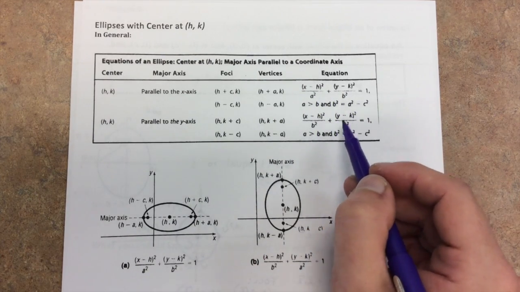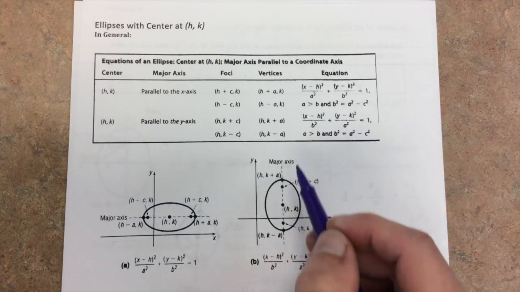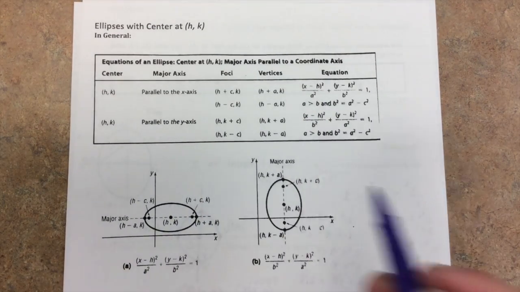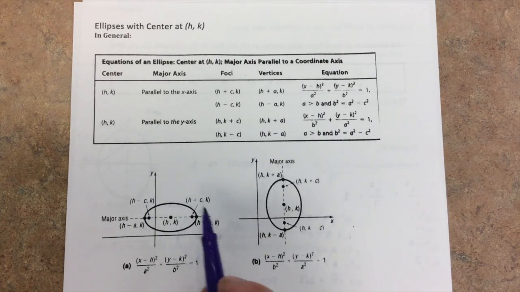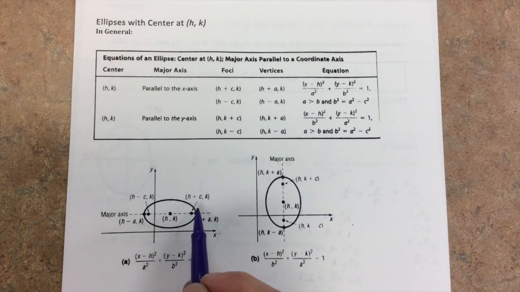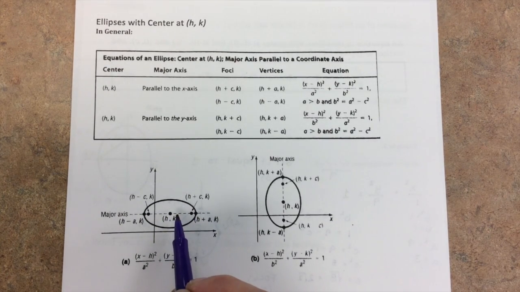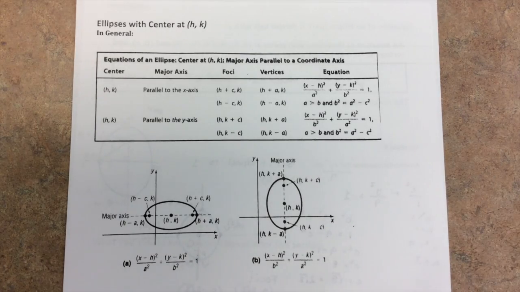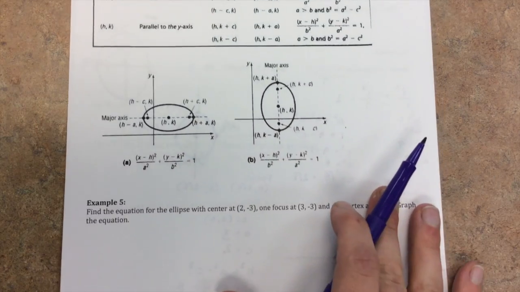And if we have our major axes under our y squared, that means we're going to have a tall ellipse. And then the h and k, all that does is move our center around. If we want to find the a, all we're doing is counting from the center out. Same thing with our focus. Nothing new. We should be good with just moving these shapes around. All we're doing are transformations, which is pretty straightforward.